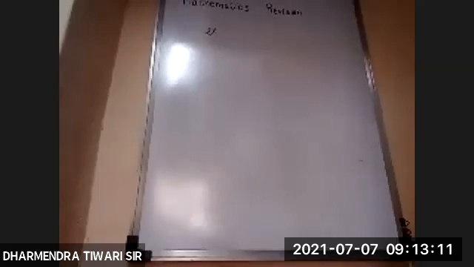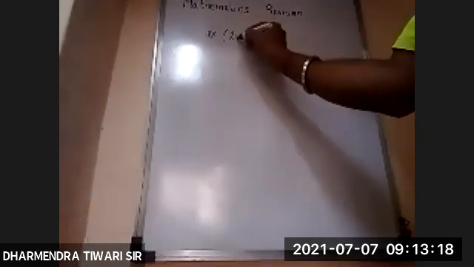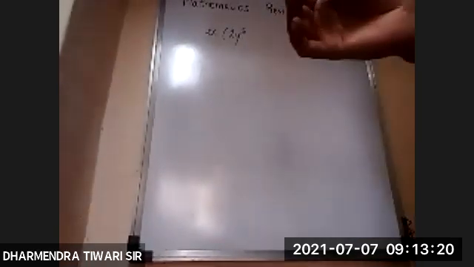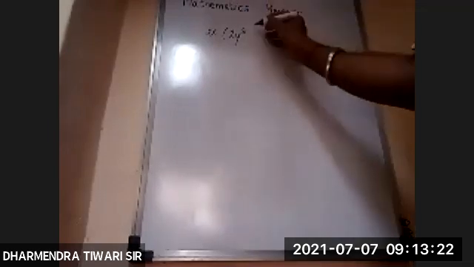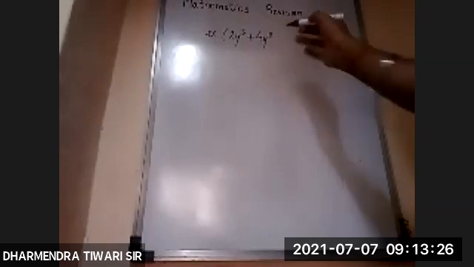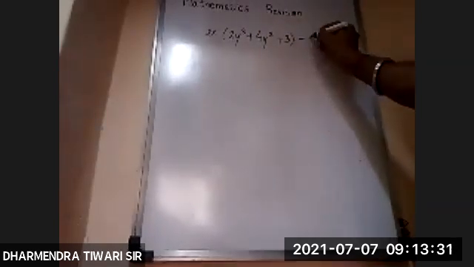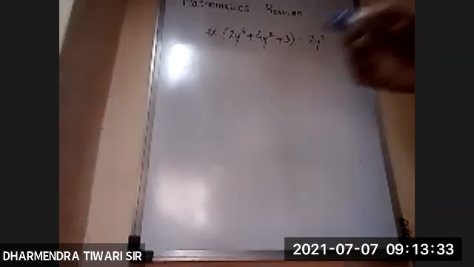Let's take an example, say 2y cube plus 4y square plus 3, divided by 2y.